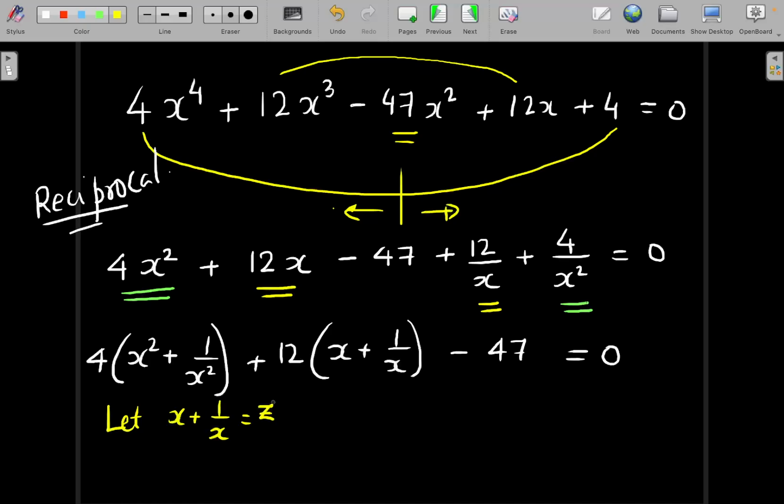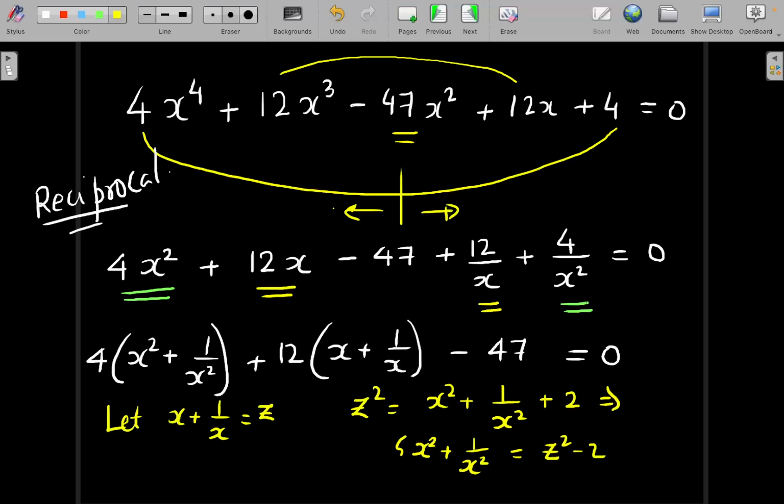Something very nice happens when you square this substitution. We see that z square is equal to x square plus 1 over x square plus 2, and this would mean that x square plus 1 over x square is equal to z square minus 2.